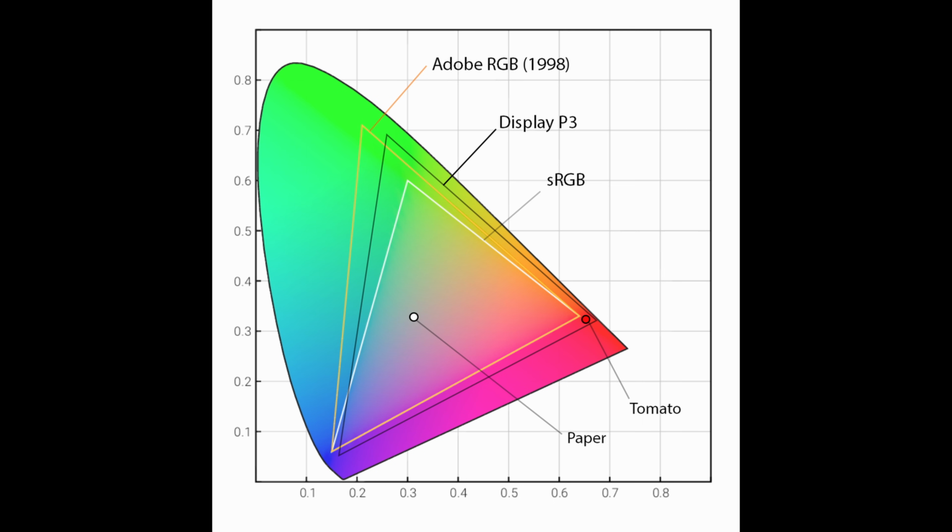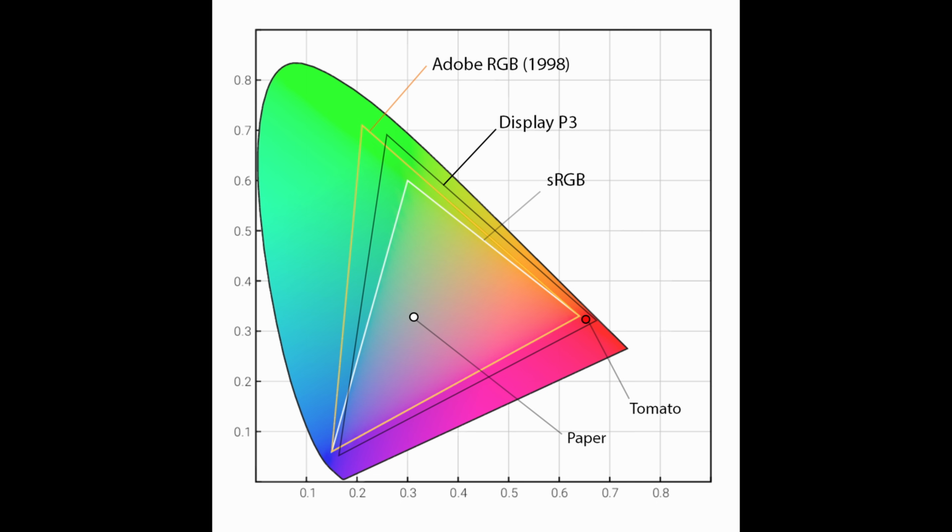So it would be unwise to go much further with this without mentioning colour spaces. Now, what is a colour space? A colour space is an envelope, if you like, that contains a set number of colours. It's boundaries within the entire visible spectrum.